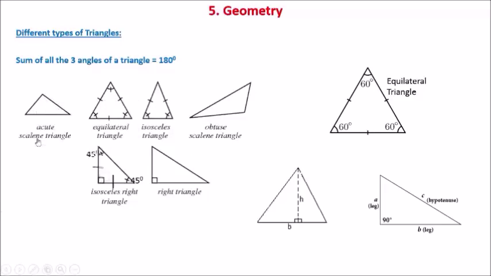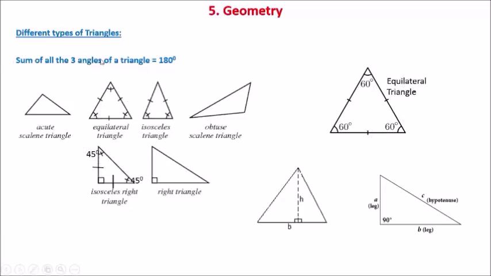This triangle here, where each side is a different length, is called a scalene triangle, an acute scalene triangle, because all three angles are acute angles, right, less than 90. And scalene means that all three sides are different lengths, okay? Equilateral triangle means that, like you can see here, all three sides are exactly equal, okay?